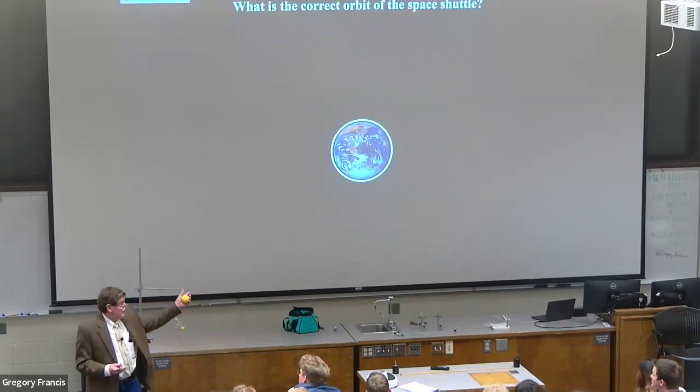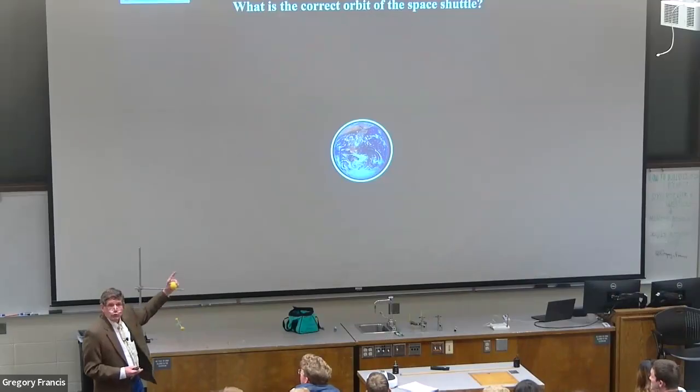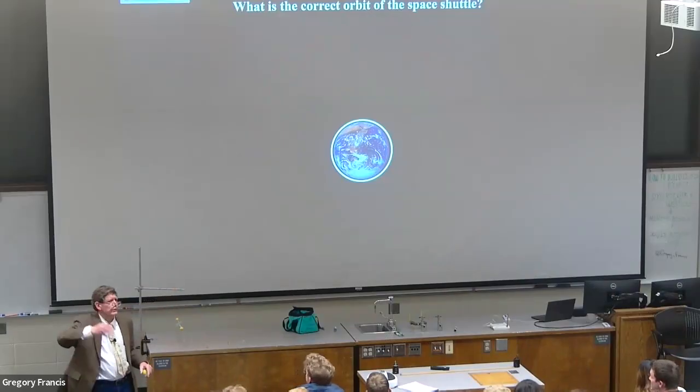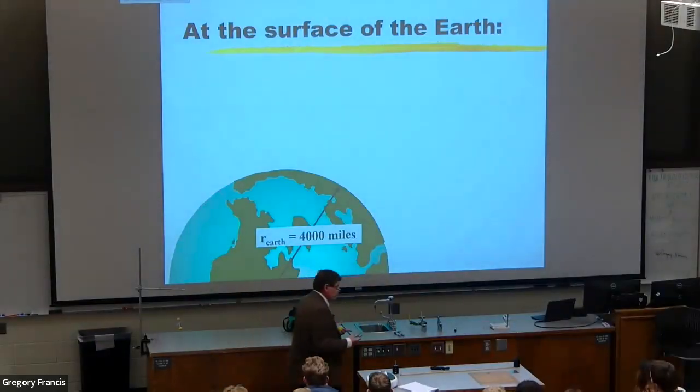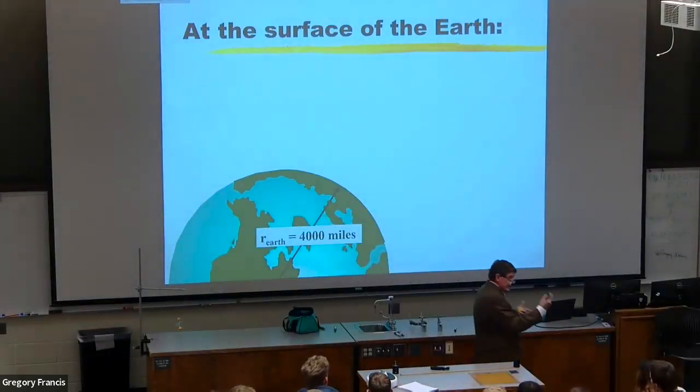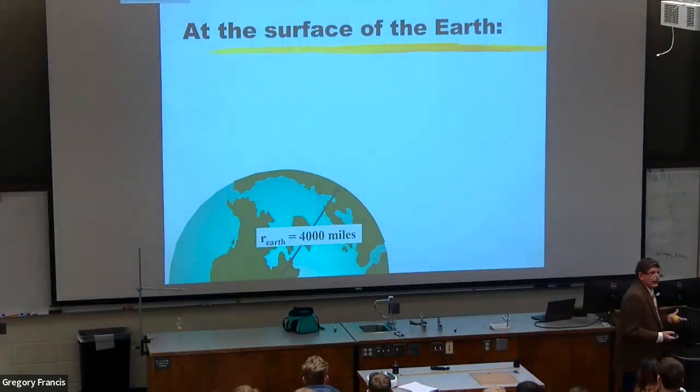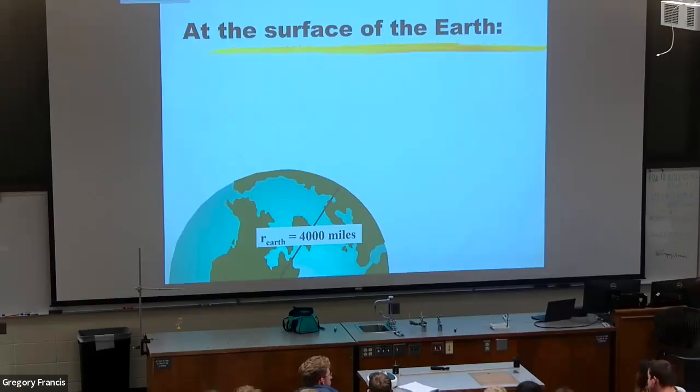And I asked him one day, Lauren, how high did you go? He said, oh, not that high, just 400 miles, okay? Now, it turns out that the radius of the Earth in miles is about 4,000 miles. So in the space shuttle, they just go an extra 10% away from the center of the Earth. Not that far.